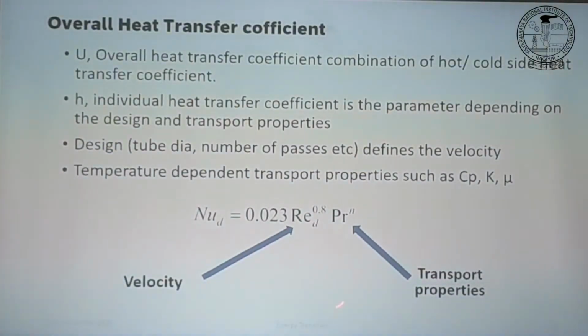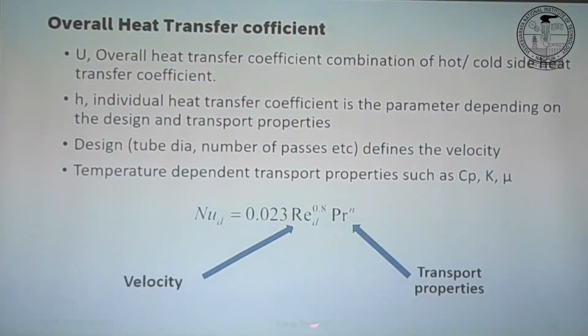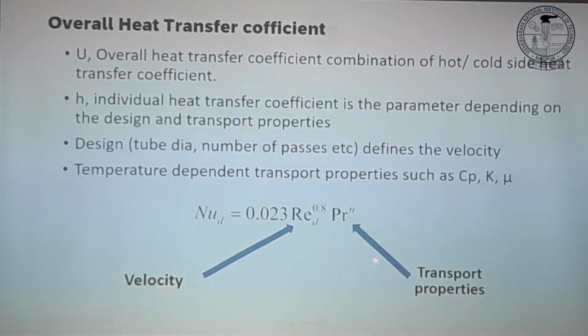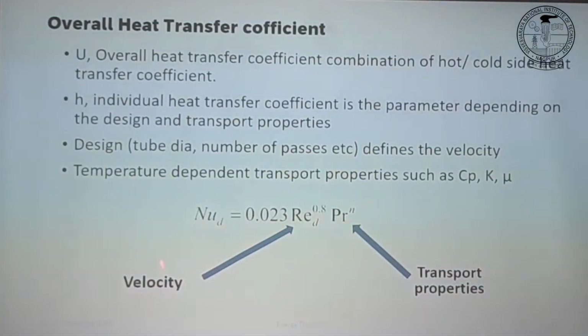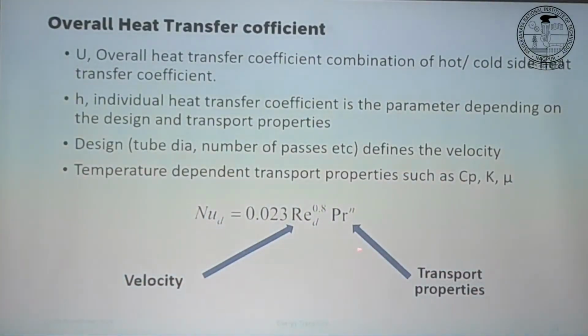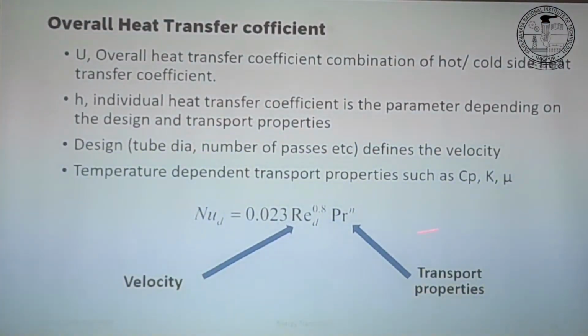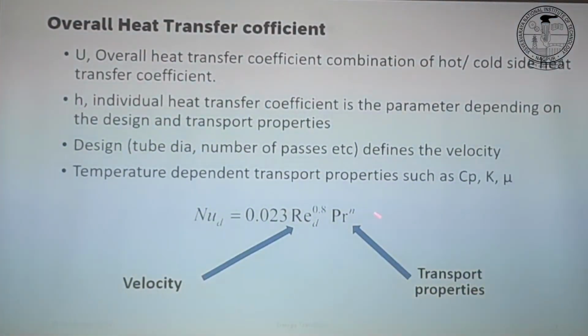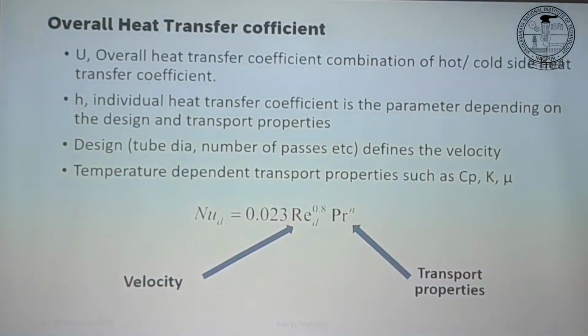Yes, because of Re. Yes, very good comment. And Prandtl number, Cp mu by K. So Cp, mu, K, all are transport properties. So that's more dedicated to fluid properties or the system you are handling.